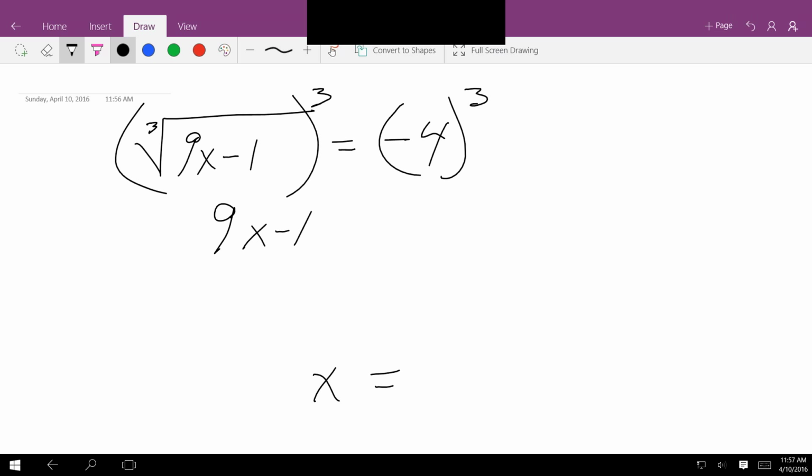And on the right? Negative 64. 4 times 4 times 4 is 64, and the negative times itself 3 times stays negative. So now we get 9x equals negative 63, x equals negative 7.